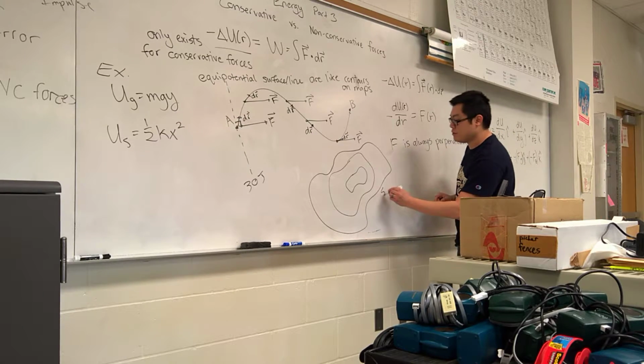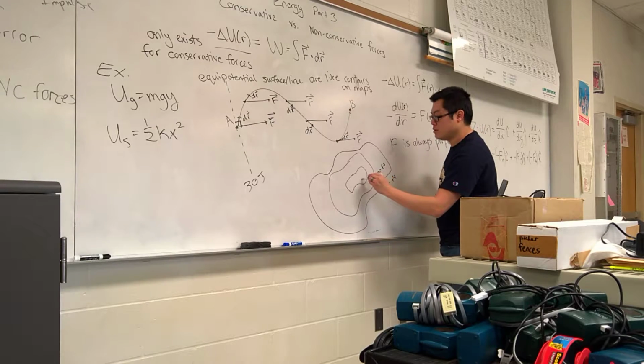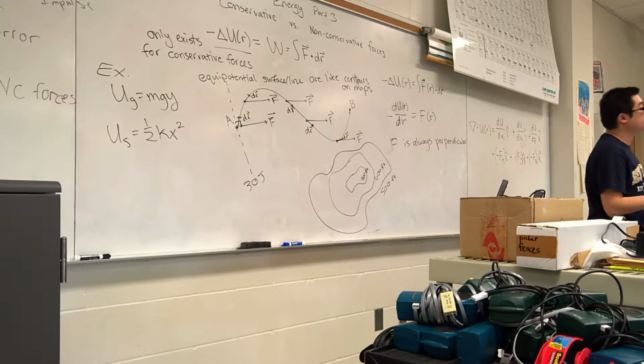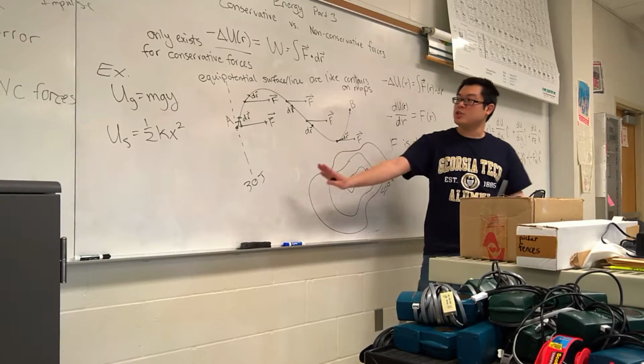So this might be 500 feet, 600 feet, 700 feet. Well, if they're all at the same height, they should all have the same gravitational potential energy, right? So that's kind of what this is showing.